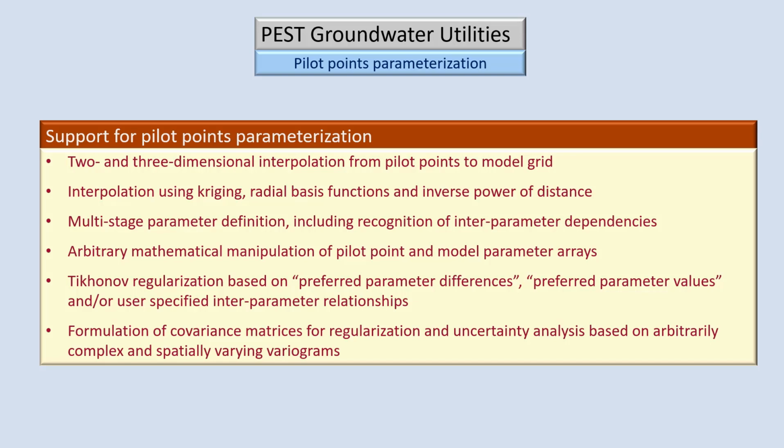Not only do these utilities facilitate spatial interpolation from the sites of pilot points to the nodes of finite difference or finite element grids, they also can help in the construction of covariance matrices used for regularization and for uncertainty analysis, so that geostatistical methods can be blended with pilot points to optimize the construction of suitable regularization and uncertainty analysis devices applied to pilot points.